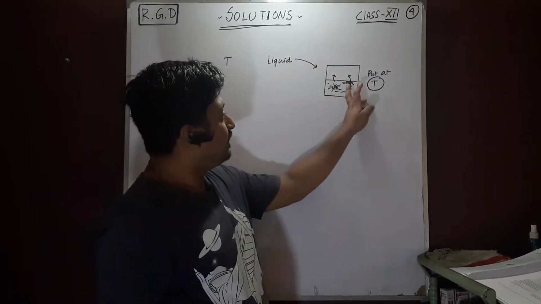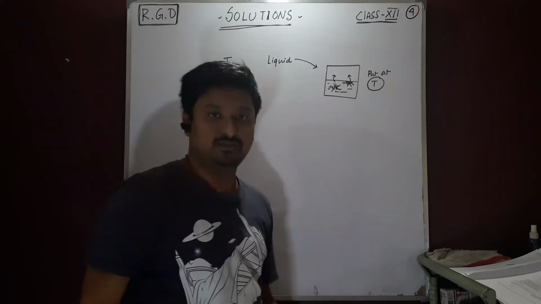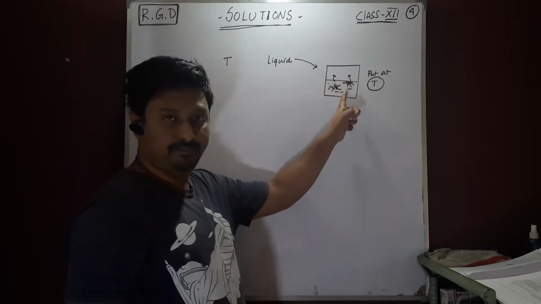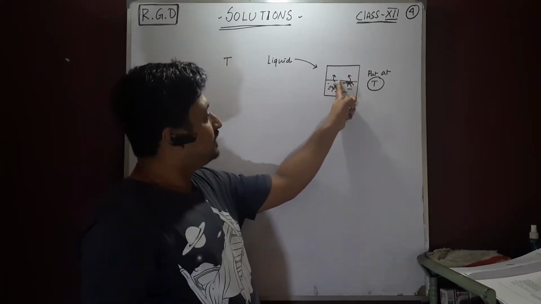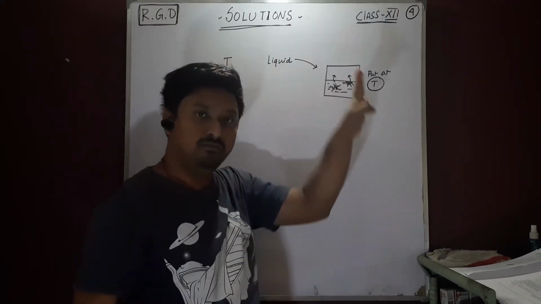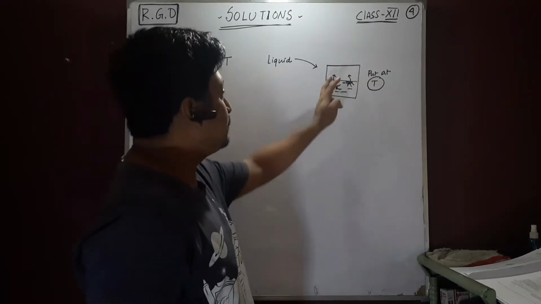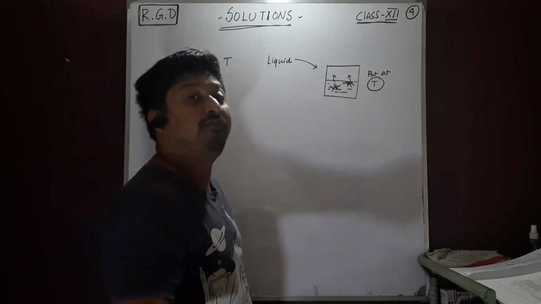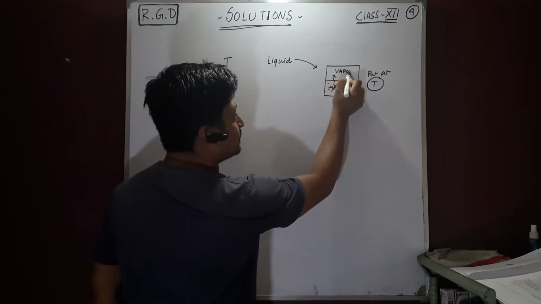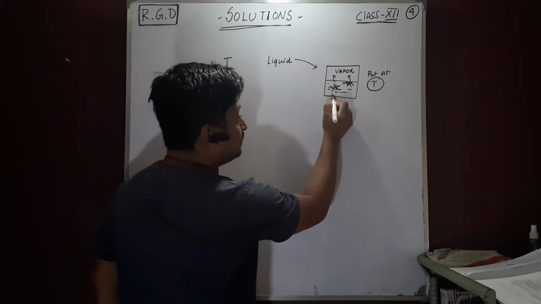This is a moment of phase transition, when a molecule from the liquid region tries to escape to an empty region. So they form the vapor phase, and this is my liquid phase.